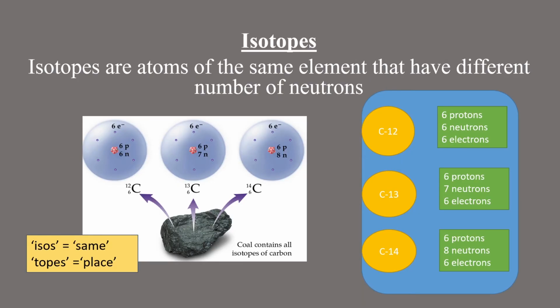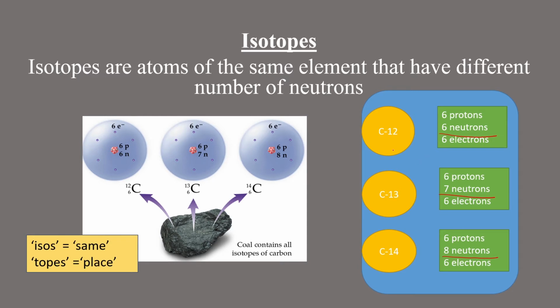Okay. Let's look at the next topic. The next topic is isotopes. Isotopes are atoms of the same element that have different numbers of neutrons. For example, carbon atoms can have 6 neutrons, they can have 7 neutrons, or they can have 8 neutrons.